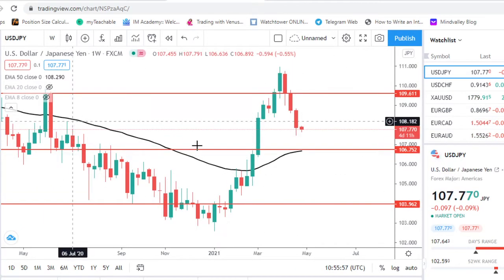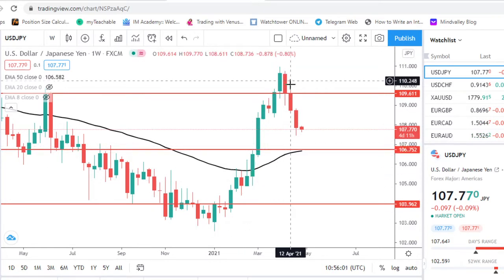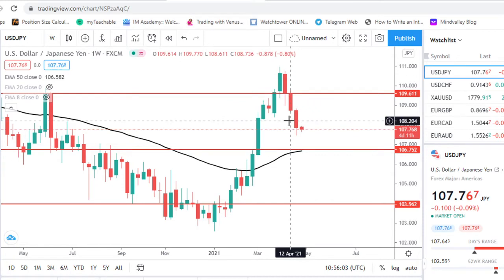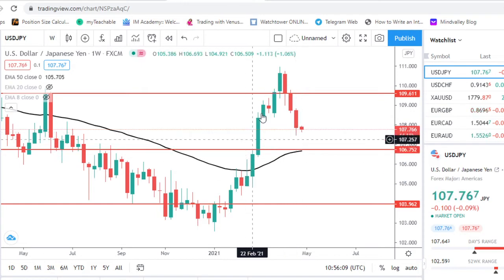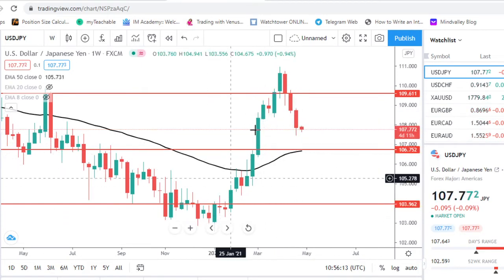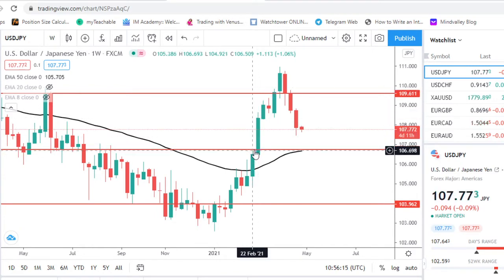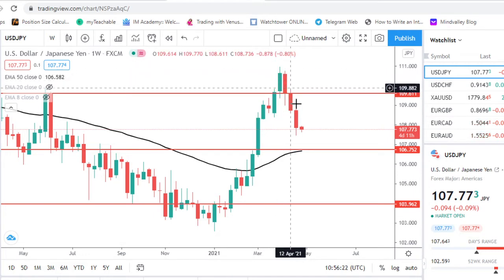Let's see US dollar JPY. Okay, so we have this one pushing out of here, closing, and then we have all of this candle. Last week's candle was bearish, but I also sense that it is likely going to continue the bullish push from here. If you look at this, it was a break above all of this area. It broke this line, broke this one, and then even closed above it. Then it has been pushing down since then.